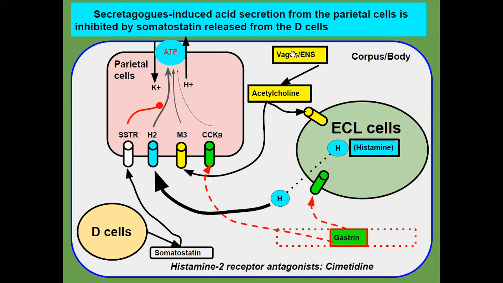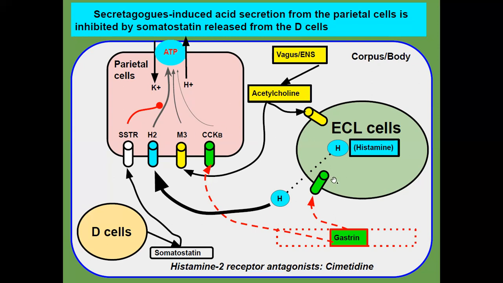Once the vagus nerve and enteric nervous system have been activated, they will release acetylcholine, which binds the receptors on parietal cells we call M3 receptors, which are muscarinic receptors.